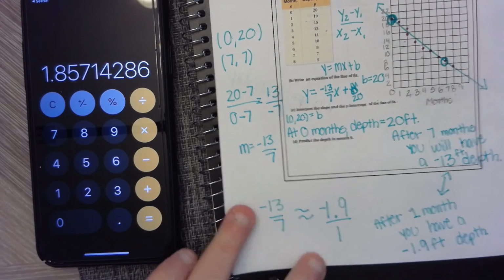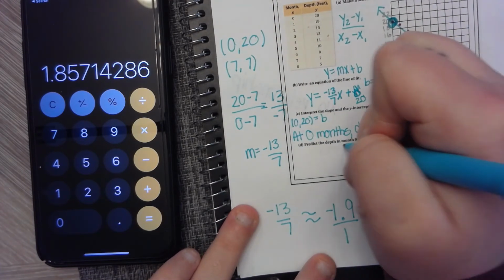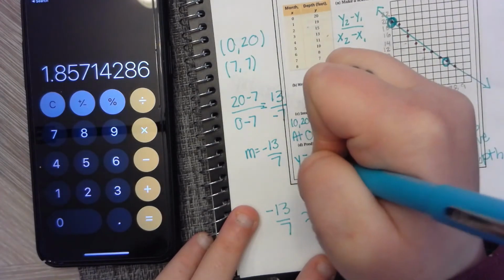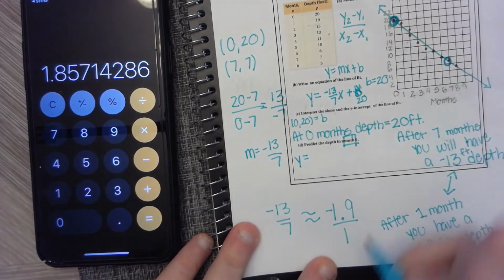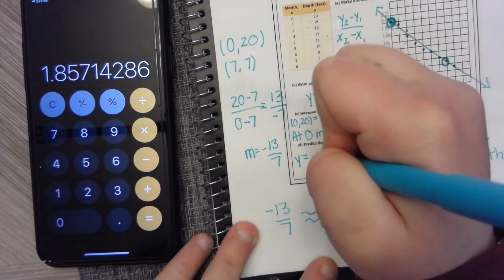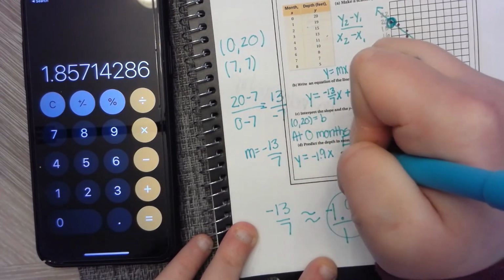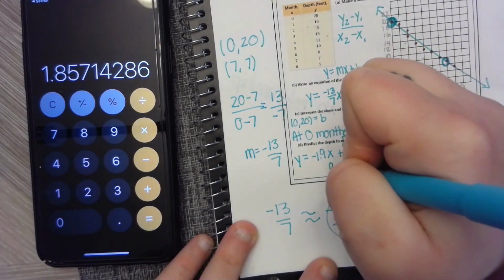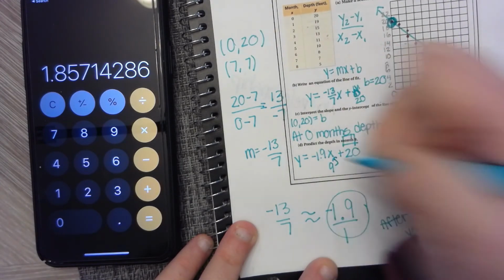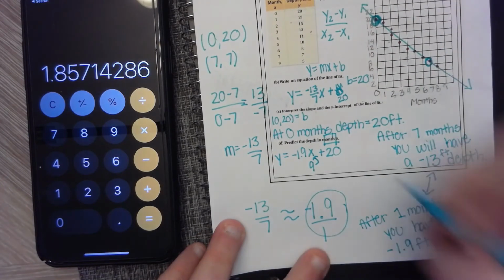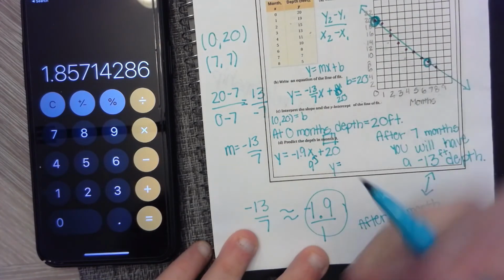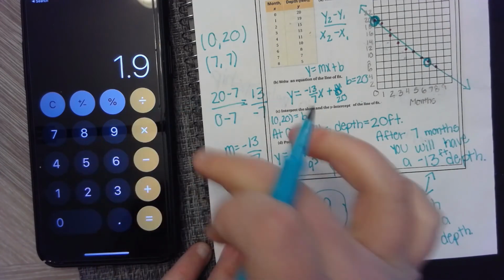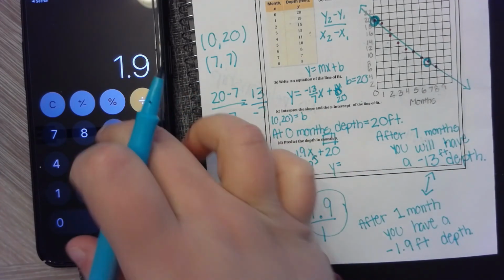Now we need to predict the depth at month 9. It is important to remember that month is my x. So in my equation, y equals, and I'm going to keep this simplified one, -1.9x plus 20. I'm going to substitute this x with a 9. So this ends up being y equals -1.9 times 9.